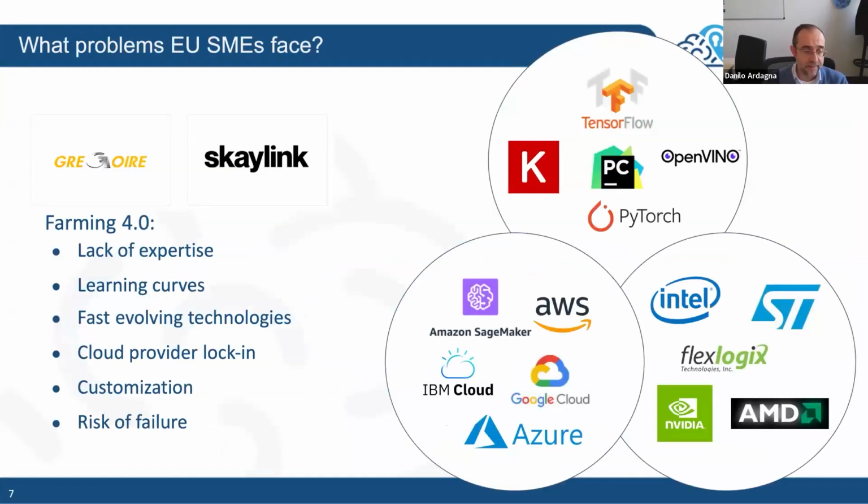As the very final slide for motivations, at the beginning of our project we looked at which are the problems that small and medium enterprises in Europe need to solve. I take as an example Gregoire and Skylink, who developed the farming IoT use case in our project. About 3 years ago, when we started, Gregoire sell harvesters and tractors. So they provide the machine on which the AI solution and the IT application run.